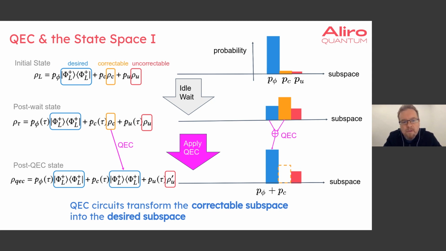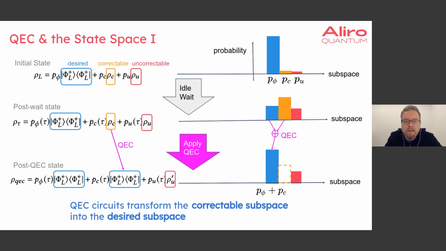One way you can visualize what happens with our QEC circuit is that the probability sitting here in the correctable subspace can still be recovered. So as we apply our QEC circuit, all of this weight we have in the correctable subspace gets pulled back into the desired subspace bin shown here.